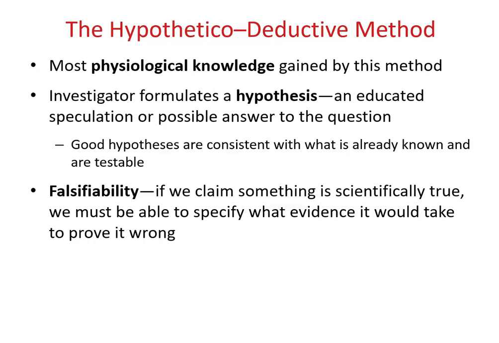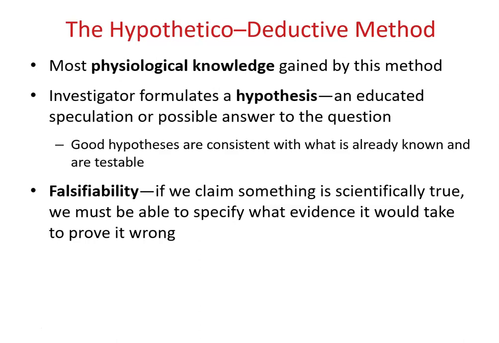For instance, if I make a hypothesis and I say that tomatoes will produce more red ripe tomatoes if they're given fertilizer, that is falsifiable. If I give the tomatoes the fertilizer and we actually see a decrease in tomato production, my hypothesis would be falsified. Here's an example of a hypothesis that is not falsifiable.